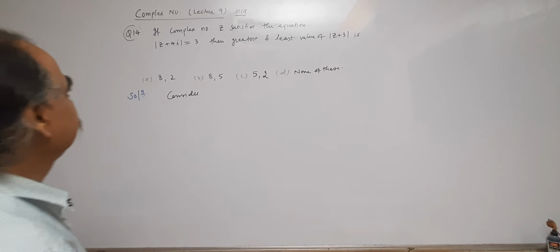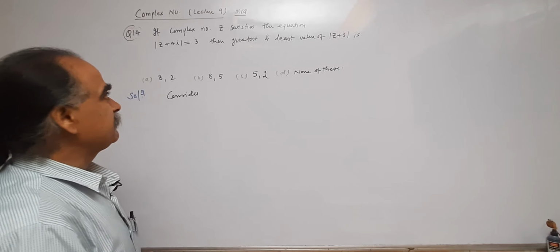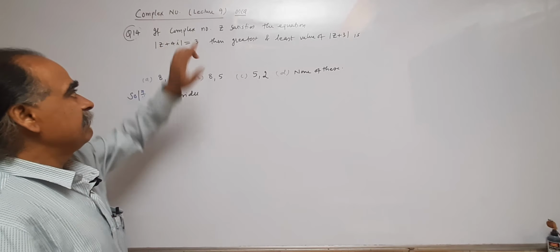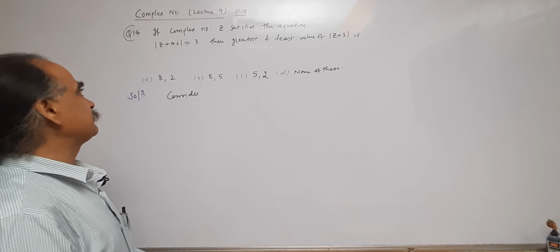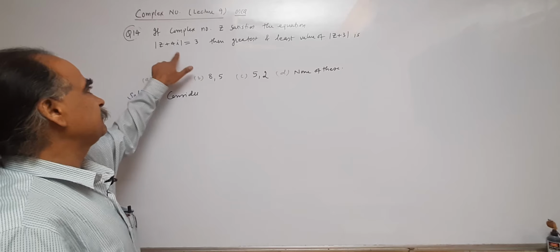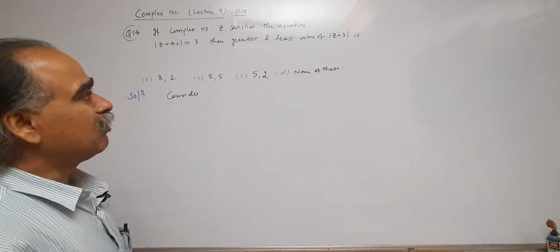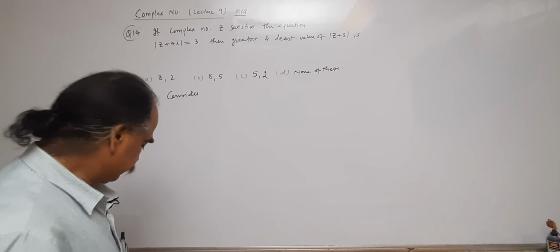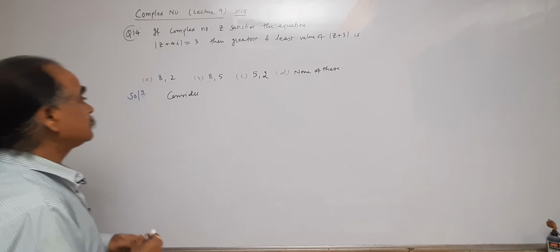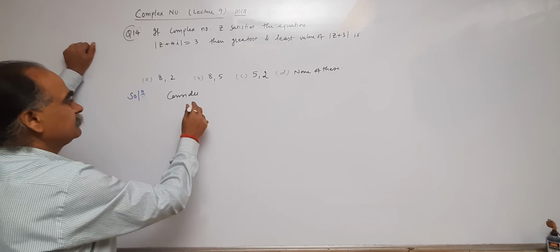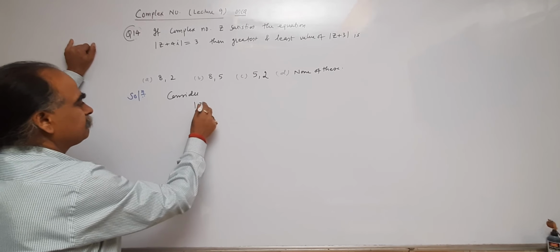Okay, friends. Next problem in the same category is, if complex number z satisfies the equation modulus z plus 4i is 3, then the greatest and least value of mod z plus 3 is. Look here, the way to find out mod z plus 3.